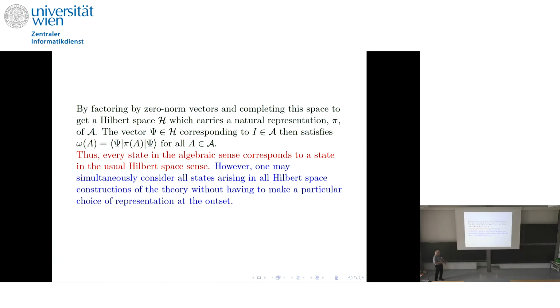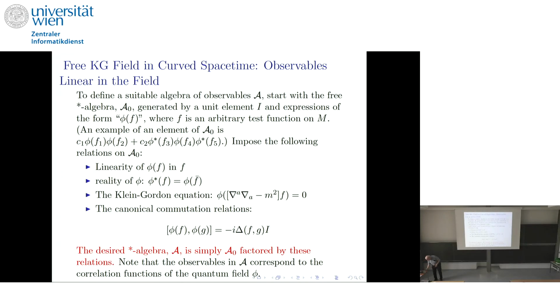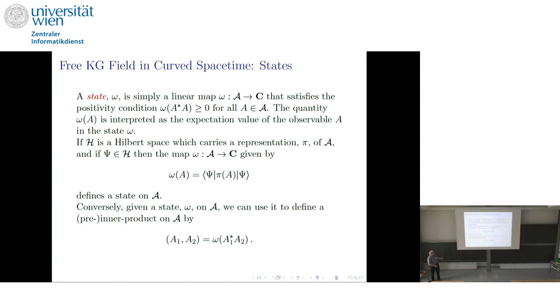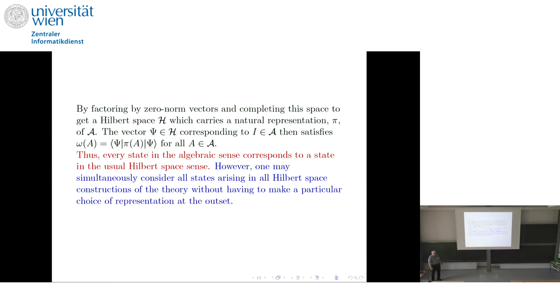But now, if we formulate the theory in the algebraic approach, the sort of trivial algebraic approach that I've just described, we don't have to make a choice of Hilbert space. All I have to do is tell you what the algebra is, and that's completely described by this slide. And I've already told you what states are. And now you can choose any state you want, work with that.